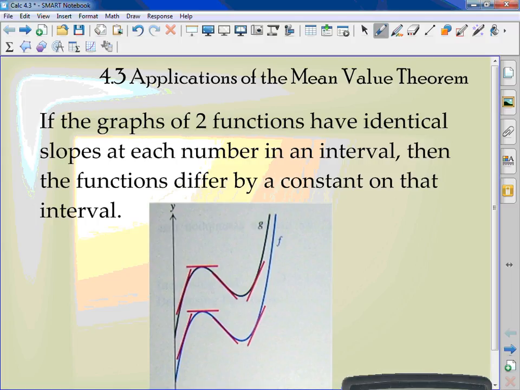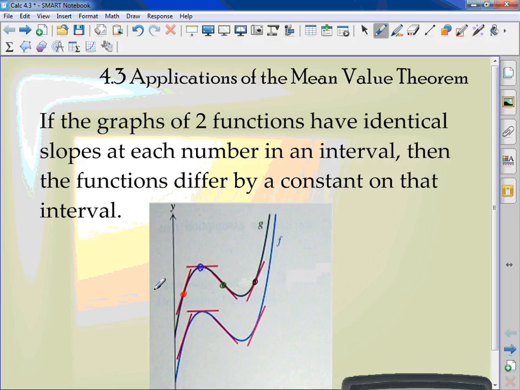If the graphs of two functions have identical slopes at each number in an interval, then the functions differ by a constant on that interval. What this says, every single point, this point here, this point here, this point here, and this point here.